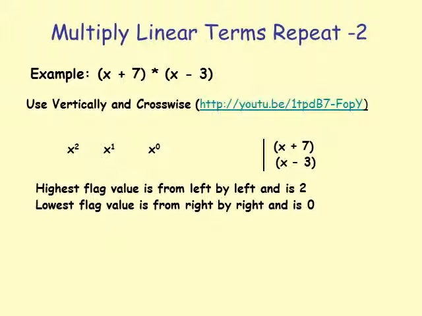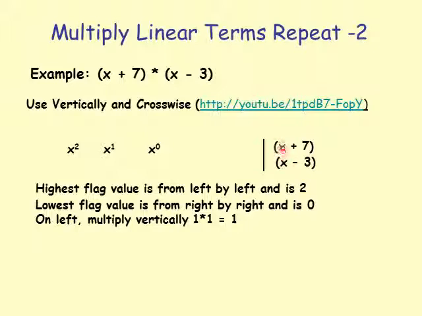Then that means I need an x squared column, an x1 column, and an x0 column, because I would get something for x squared. I know that x times x is x squared, and I also get a constant term here, plus 7 minus 3. Let's continue here. On the left, multiply vertically, 1 times 1.